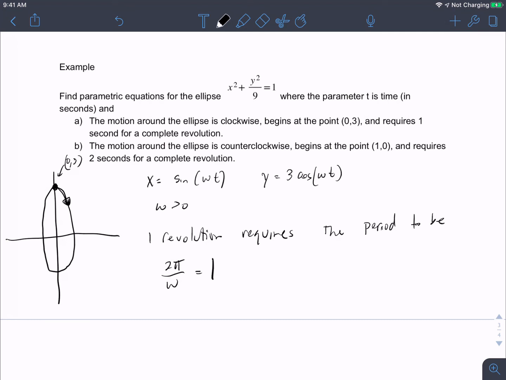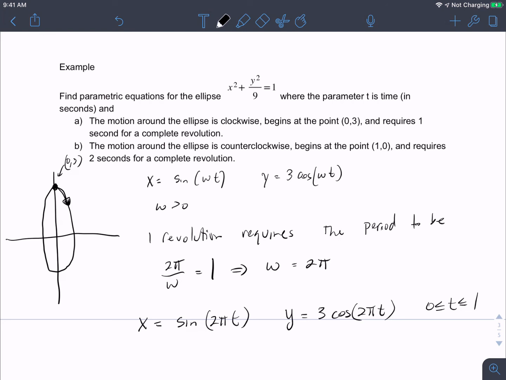And so that implies that our omega is going to be 2 pi. And so the equations that we get are x is equal to sine of 2 pi t, and y is equal to 3 cosine of 2 pi t, with our restriction for time being from 0 seconds to 1 second.